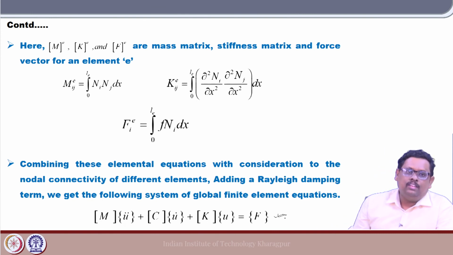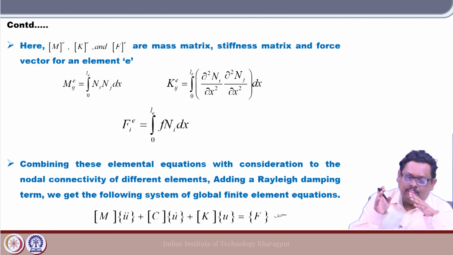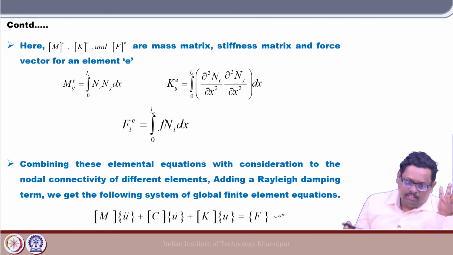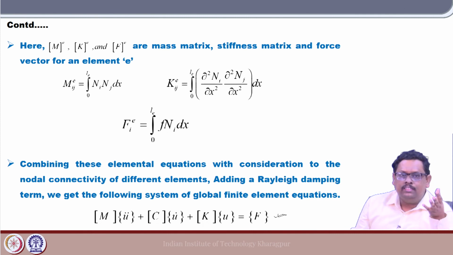Now, once you have this global matrix, it is an ordinary differential equation, right. I have already taken a lot of classes on how to get the velocity and displacement from this ordinary differential equation. We are using the Euler scheme; apart from that, you can use the Newmark beta method or the Runge-Kutta method. It is very simple.